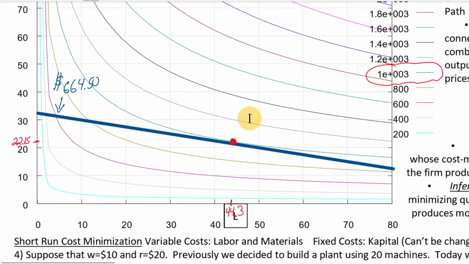So if I only have a certain amount of budget, if I want to buy one more machine, I have to give up 4 workers if I want to keep my budget constant. On the other hand, if I give up one machine, I could afford to hire 4 more workers if I wanted to keep the same budget. So marginal rate of transformation, slope of the isocost.